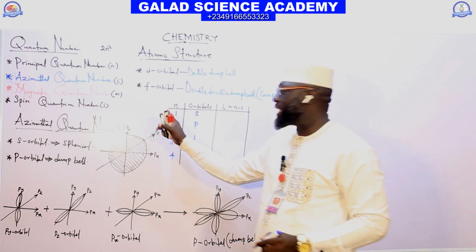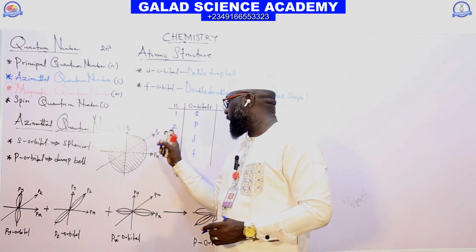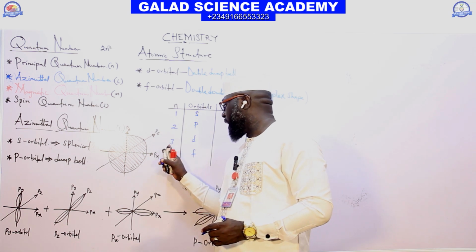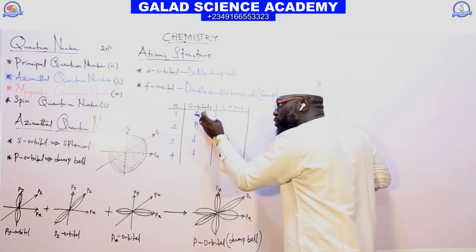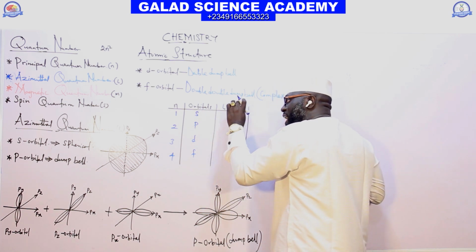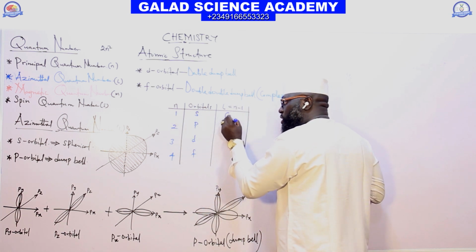The n is the energy level. This is the first orbital, that's why this one is n. Second orbital, 2. Third orbital, n is this. But how are we going to know the azimuthal value for S orbital? We will subtract 1 from principal. What is principal? 1. 1 minus 1 gives us 0.